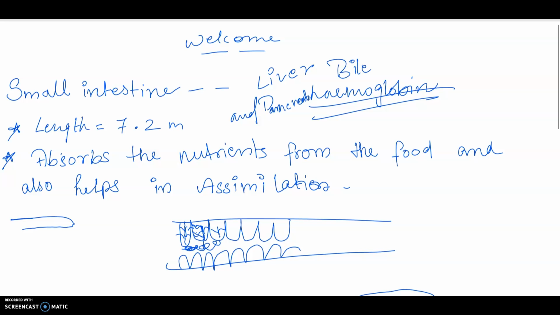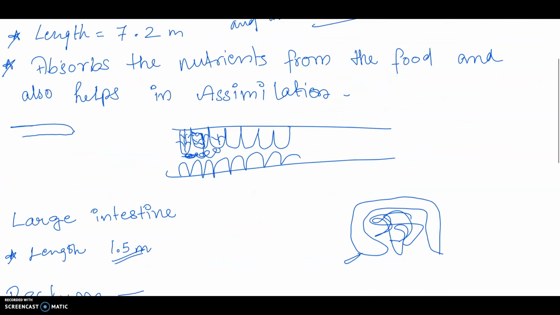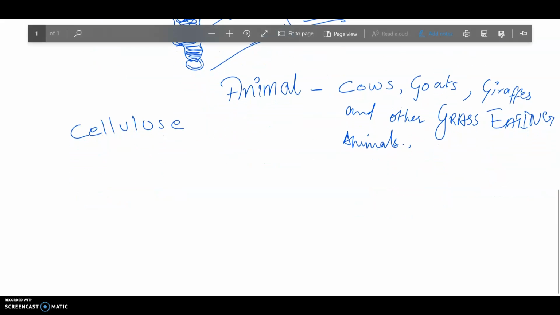The bile juice is stored in a sac called the gallbladder, while the pancreatic juice is only released when the food is inside, so it has no sac for storing. Then that's all. We should continue with our cellulose topic.